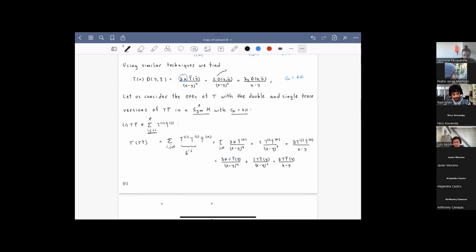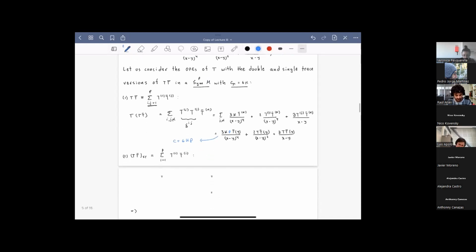You can rewrite this in terms of the TTbar operator, as you can see here. The special thing to notice is, again, what central charge appears here. The central charge that appears here is the full central charge of the symmetric orbifold, 6kp. Now we can repeat the same exercise for the single trace version of this operator.